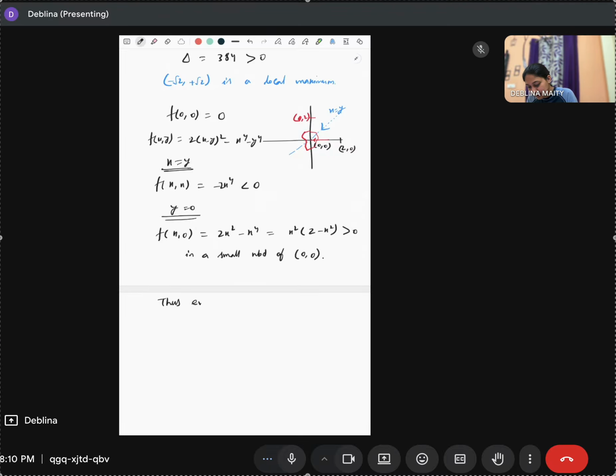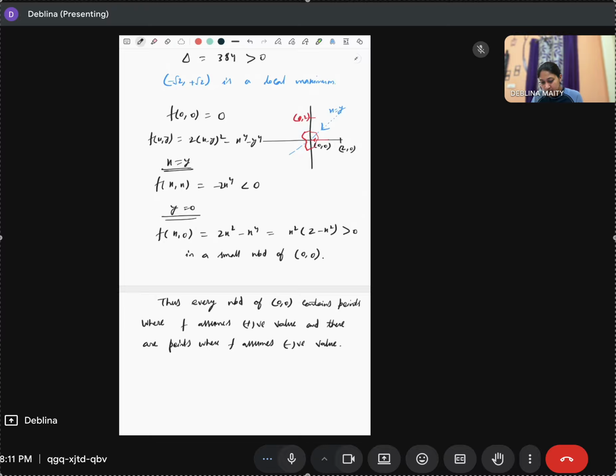Thus every neighborhood of 0 0 contains points where f assumes positive value along the x axis when y is 0, and there are points where f assumes negative value, right?